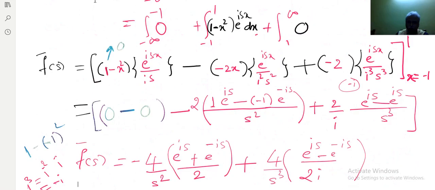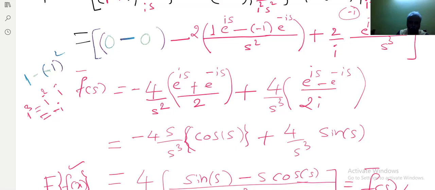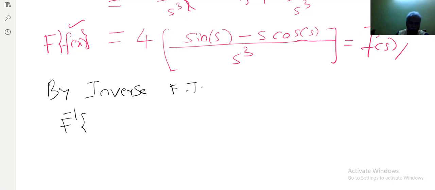For both of these, we have to consider inverse Fourier transform. Let us consider inverse Fourier transform by the definition of inverse Fourier transform, that is Fourier inverse of this function.